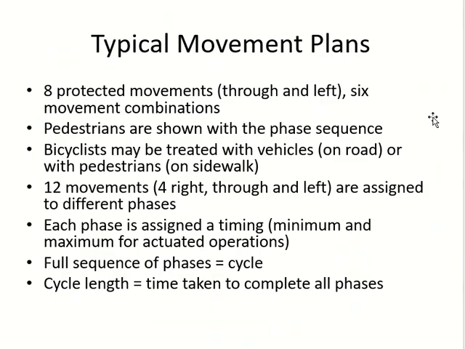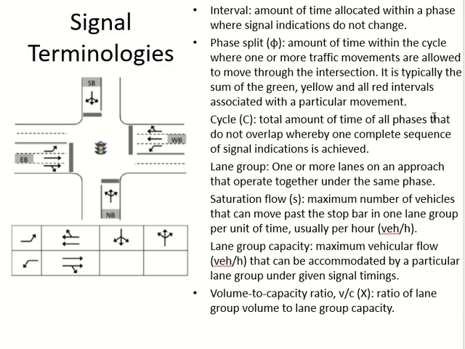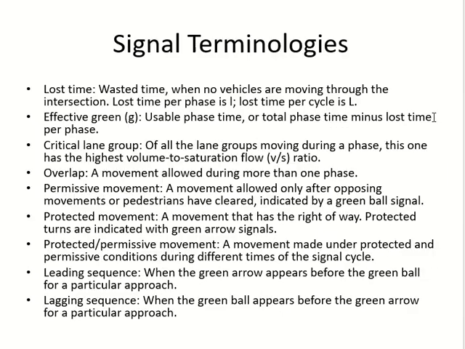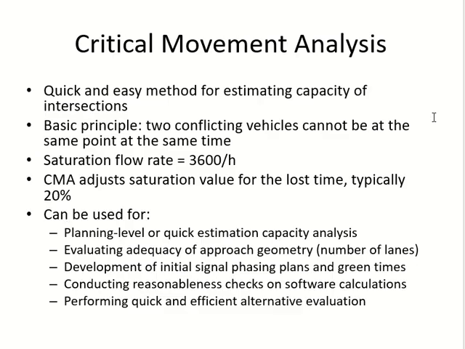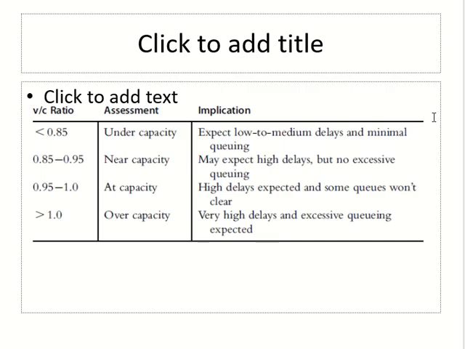Okay, we are talking about intersections, mainly the traffic control devices. We have gone through the warrants, the criteria of sight distance in normal conditions as well as with a stop sign.